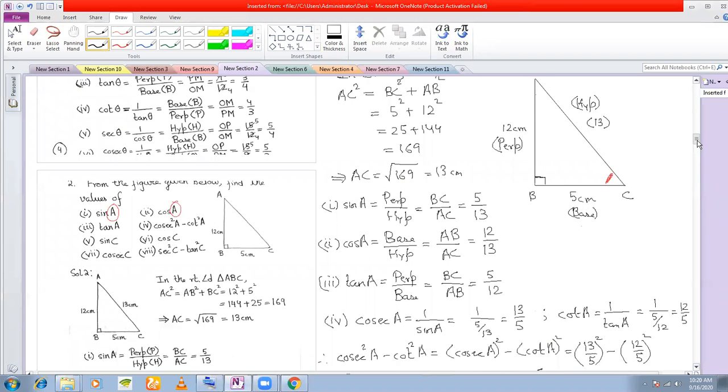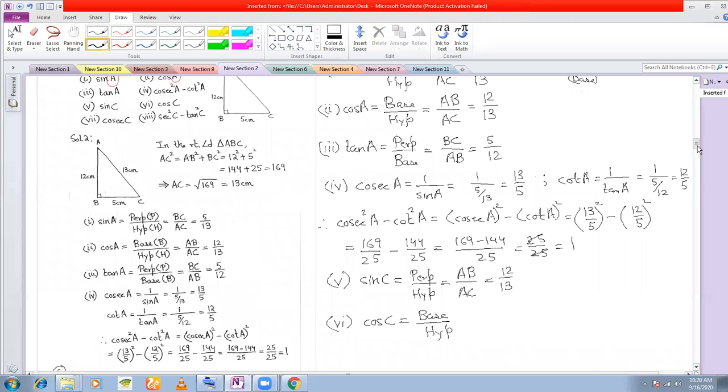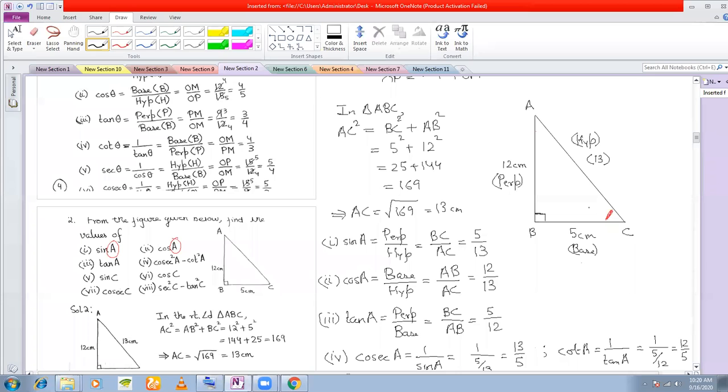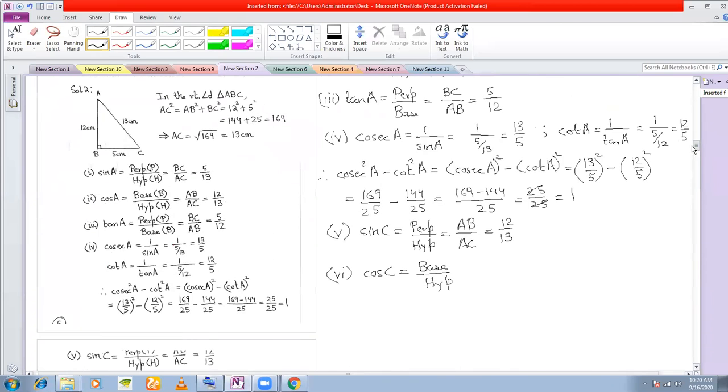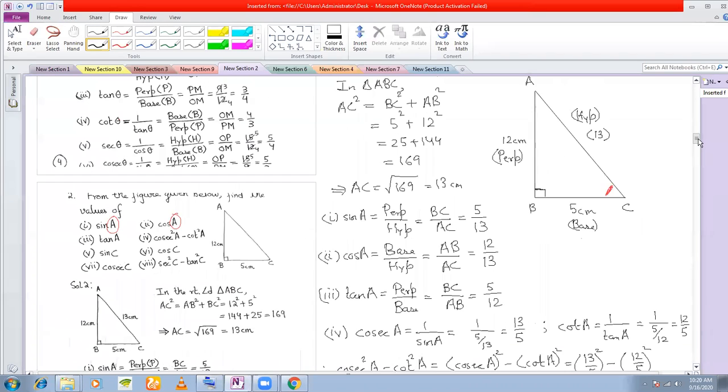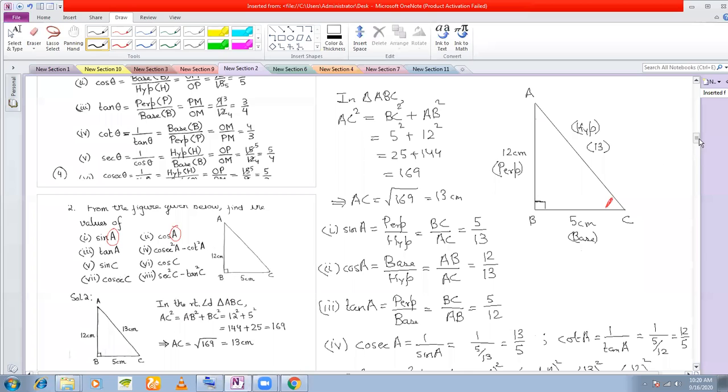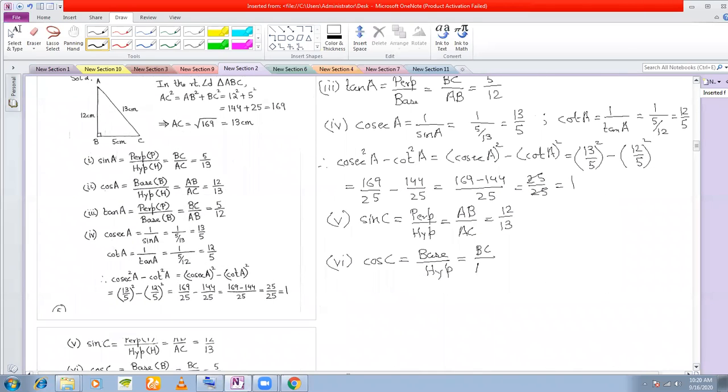Okay. So now cos C. Cos is the ratio of base and hypotenuse. Now in this case, which one is my base? BC is my base. So instead of base, I'll write BC, and hypotenuse is AC. BC is 5, AC is 13.